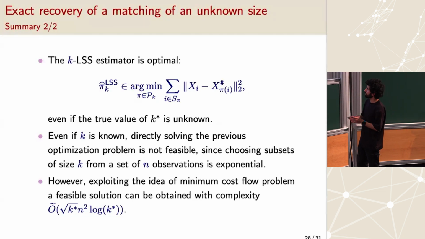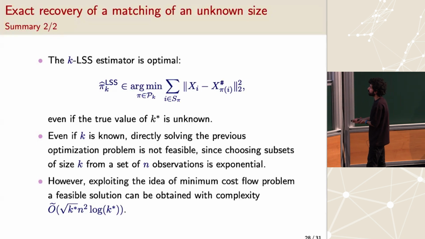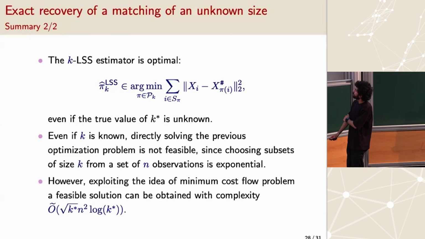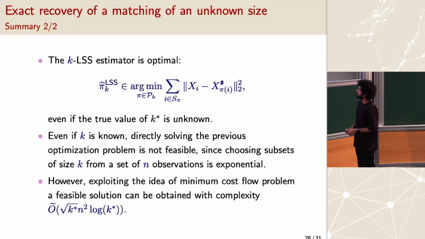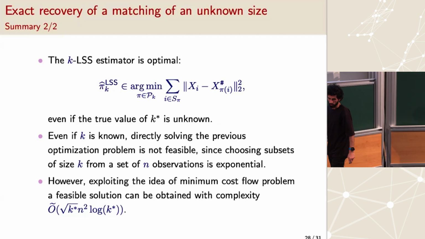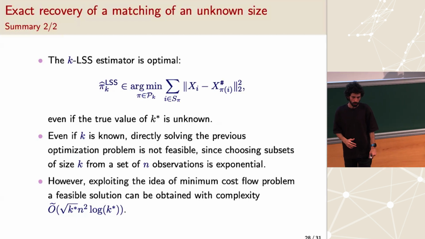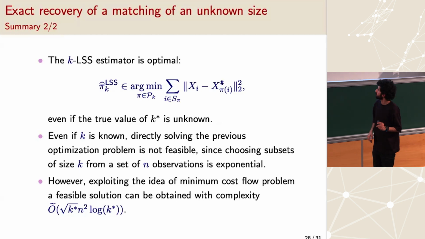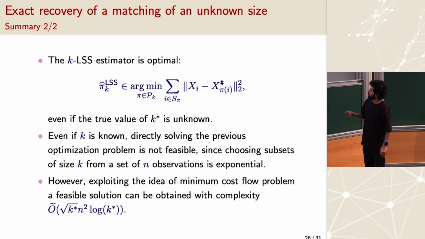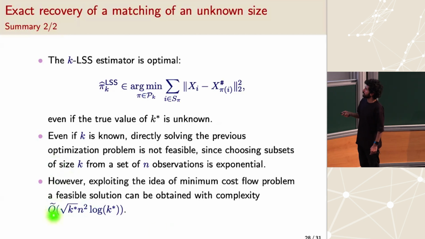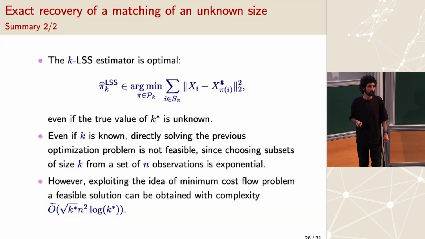However, there is a nice trick in the literature known as the minimum cost flow problem, which provides a feasible solution with complexity, up to some minor things hidden here, of square root of k star times n square.